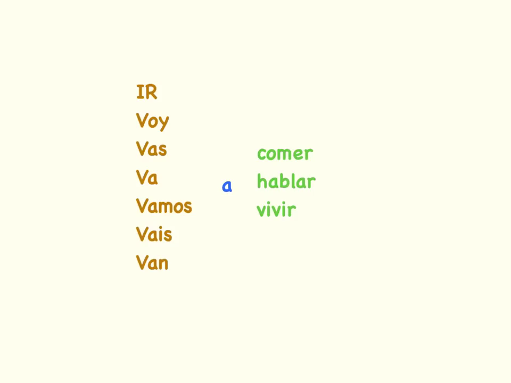So once you have the verb ir, to go, and you have the conjugation voy, vas, va, vamos, vais, van, all you need to do is add the word a, and then the infinitive, which is a verb that ends in ar, er, or ir, to create the future tense. Obviously, we only need one of the verb ir, depending on the person that we're using to speak about.